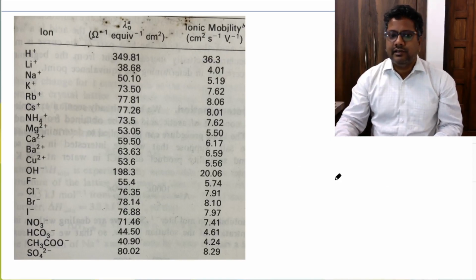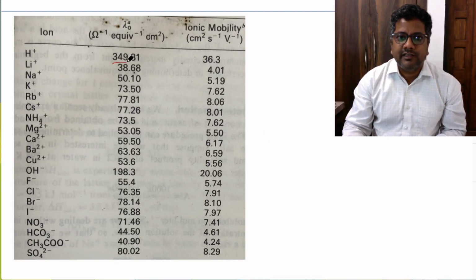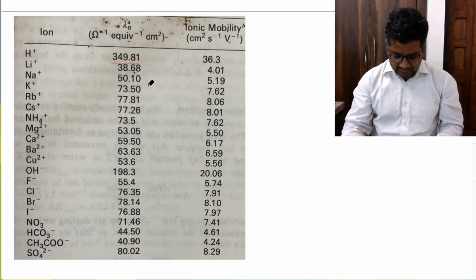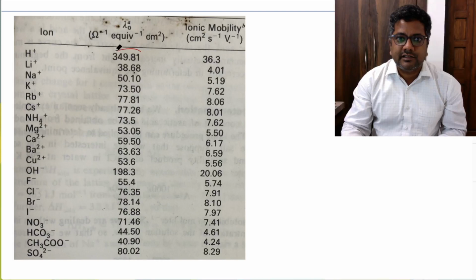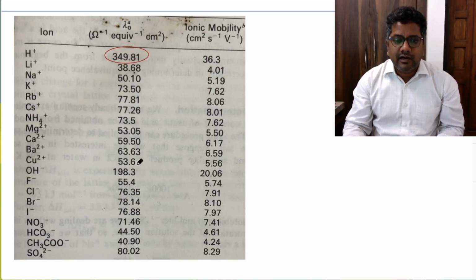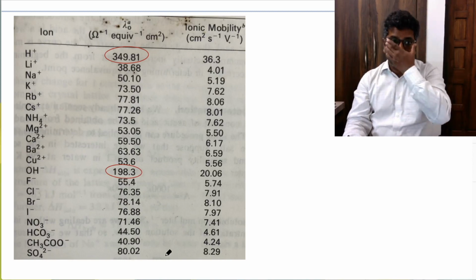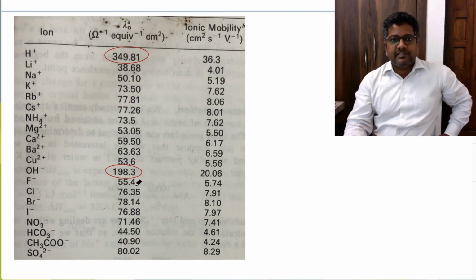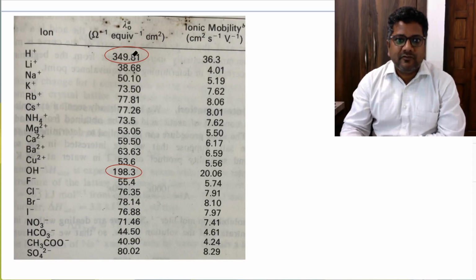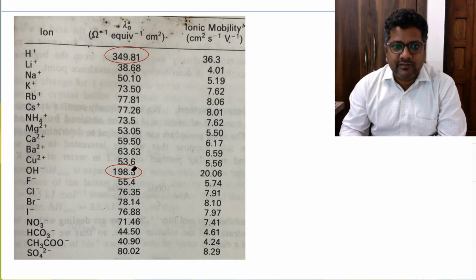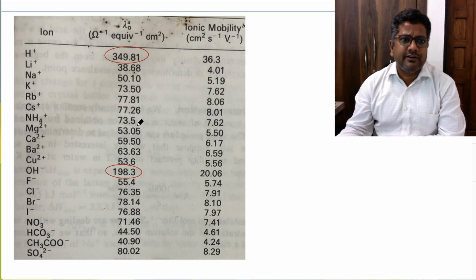See, for H plus, this conductance, equivalent conductance or ionic mobility, and for OH minus, this ionic mobility is maximum. For H plus it is maximum, after that OH minus, and after that you get different ions.